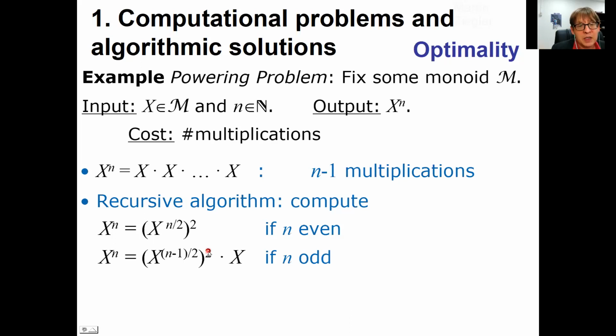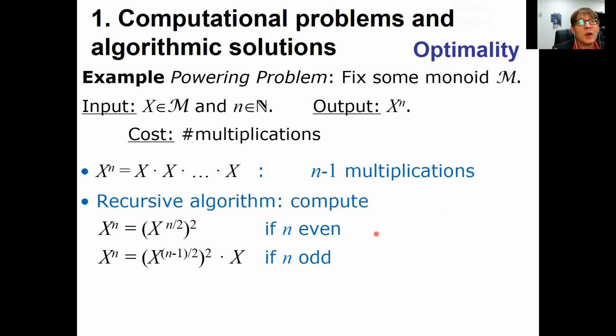Then square that intermediate result to get x to the n minus 1, right? And then perform another multiplication with x to finally get x to the n. So these mathematical equalities are kind of obvious, right? And they lead to an algorithm for each n, which I refrain from spelling out in full pseudocode.